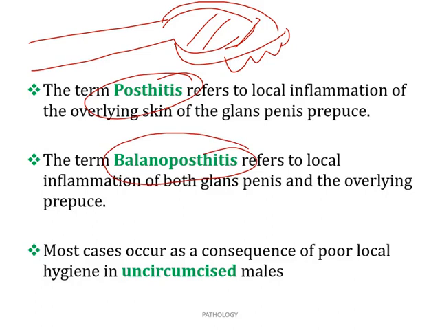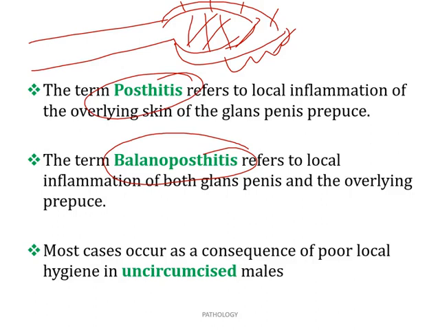Balanoposthitis is a terminology used to refer to local inflammation of the head and the overlying skin, and this occurs in uncircumcised males. Remember, once a male is circumcised, he will not have this proprius. So we don't have a balanoposthitis diagnosis in a circumcised patient. We have balanoposthitis in uncircumcised males.